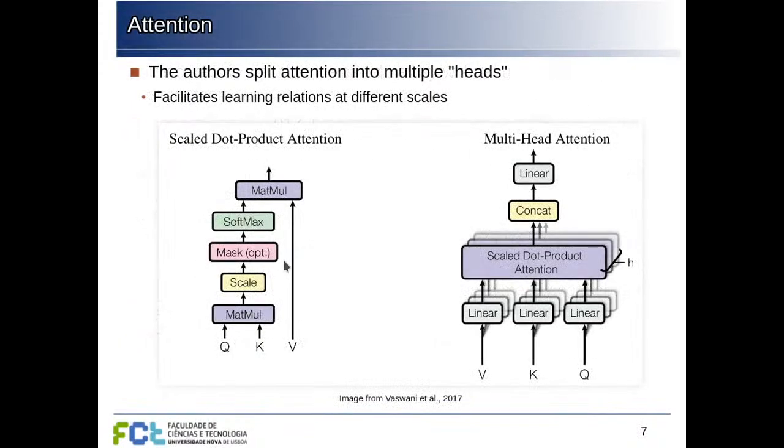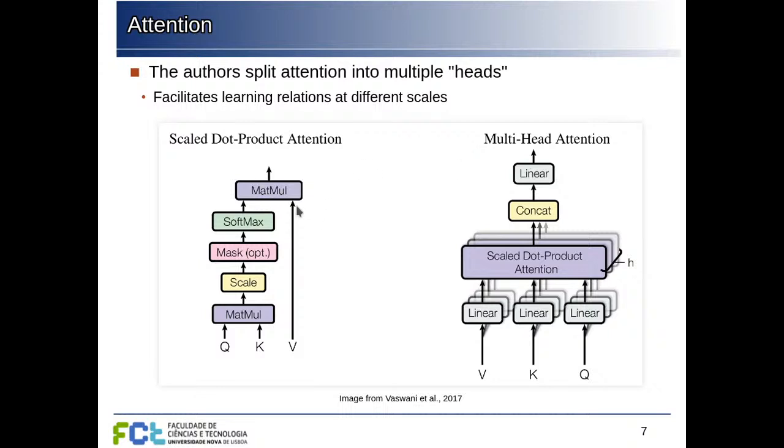And then we're going to use a mask, we're going to see why, because we have sequences that have a fixed maximum length. That's the size that our network can input, but we may have sequences that do not cover everything. So we may need a mask to ignore some parts that don't have words, for example, if we have a sentence that has fewer words than the maximum allowed. Then we use softmax and we multiply by the values to determine which are more important and less important here.